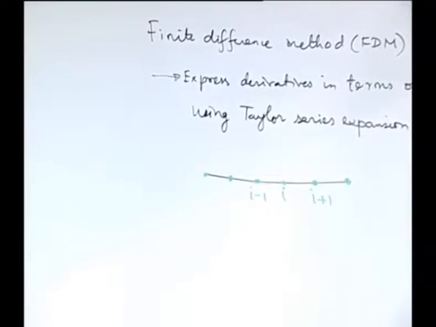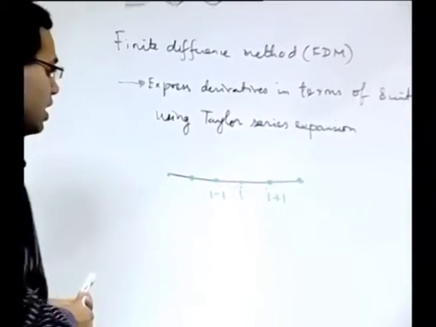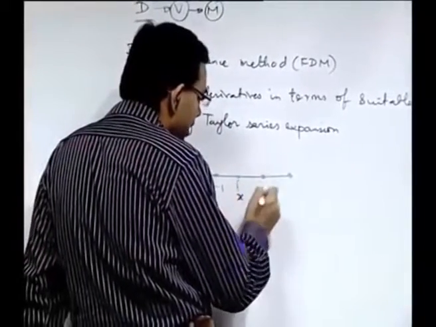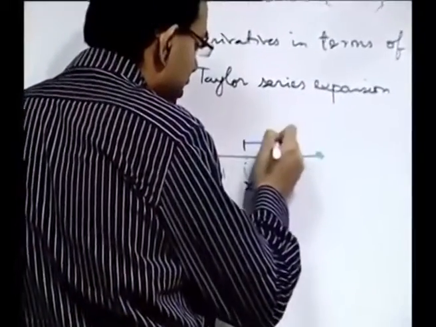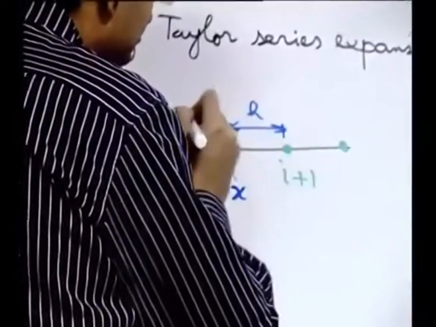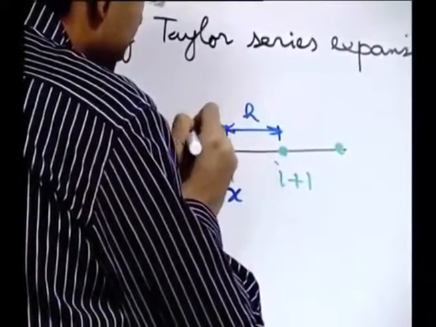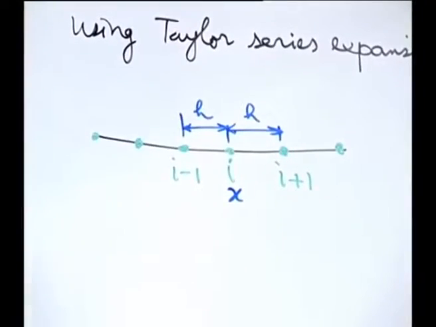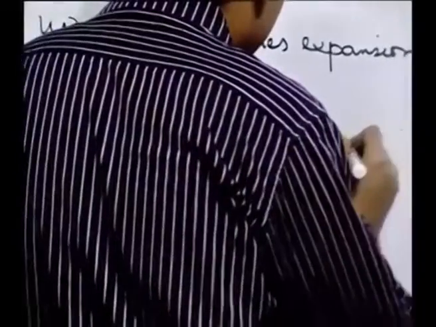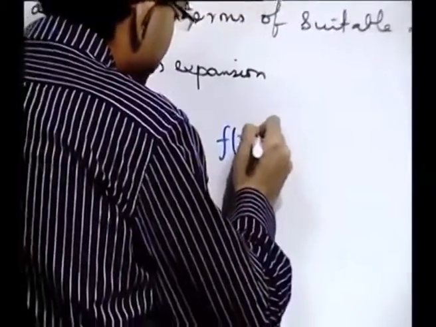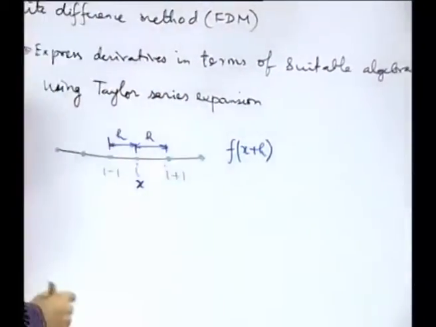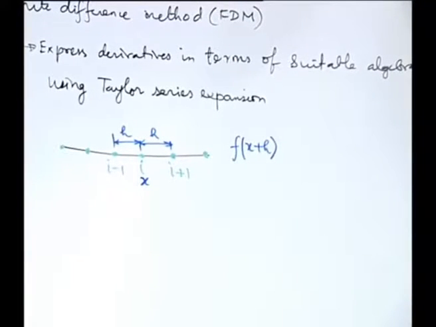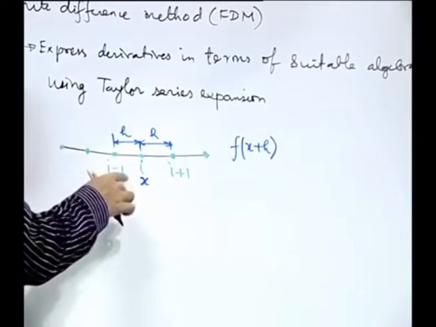So what we will do, we will try to write a function, let us say I represents the point x and this distance is h and this distance is h. So we are interested in expressing f x plus h, where f is any function, let us say temperature for a heat transfer problem, in terms of f at x.